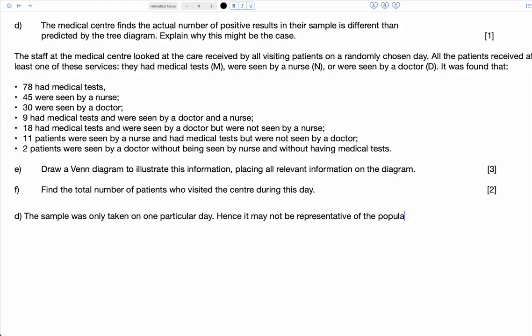So they just want you to see it was a sample, and the sample is not always completely correct. Okay, that's the answer to part D.